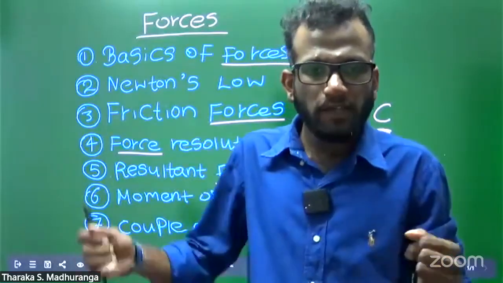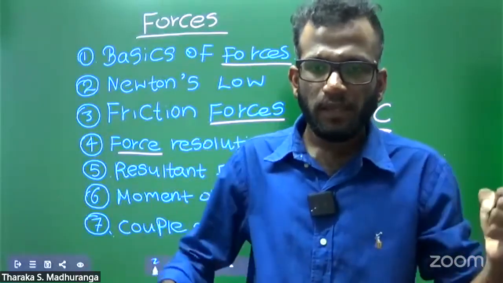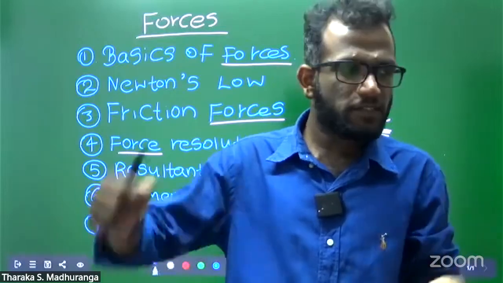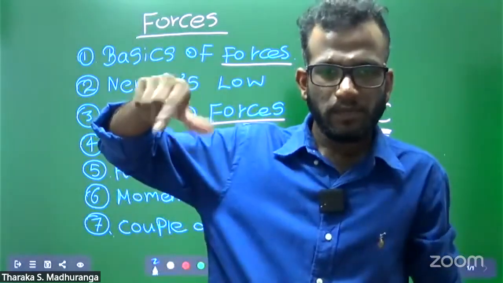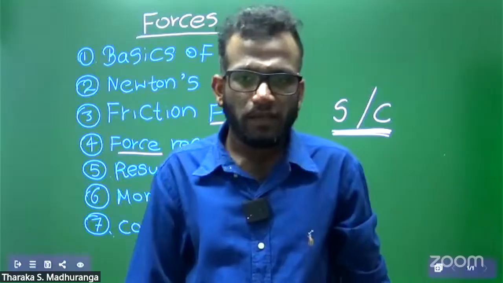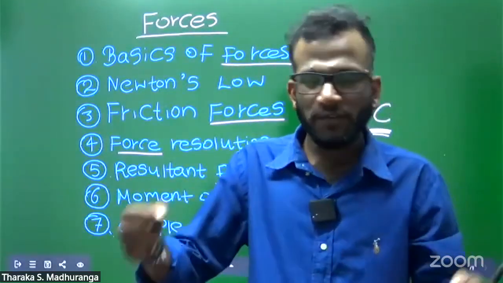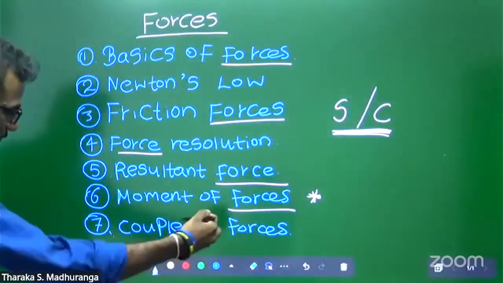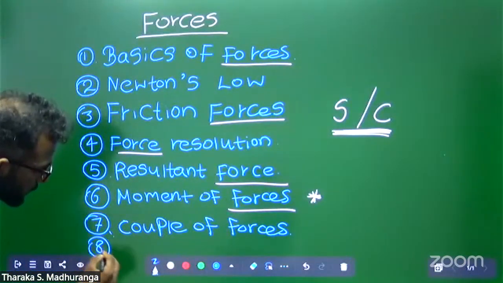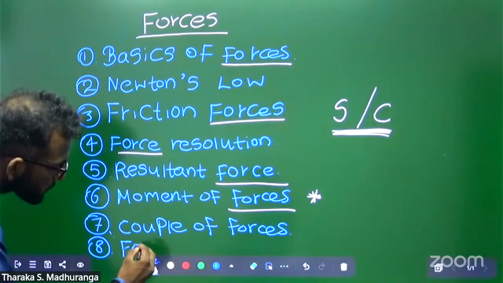Can you send me an example for couple of forces? One is a water tap, no? Water tap is one. Other? Steering wheel, very good, you know. Then easy. Then the final one is force equilibrium.